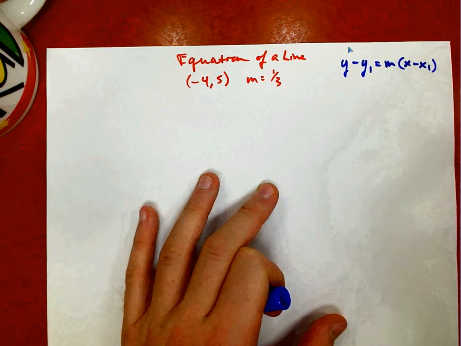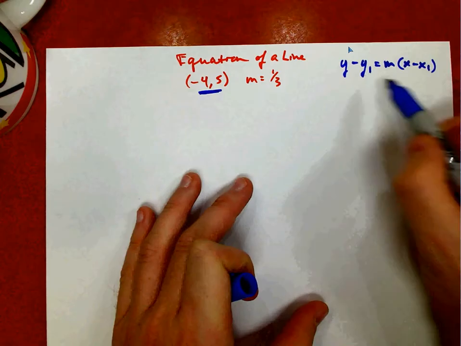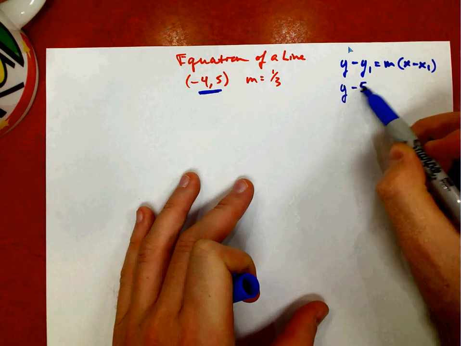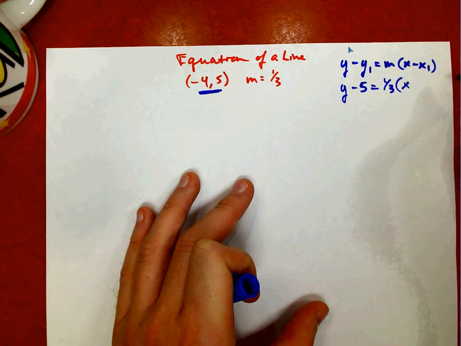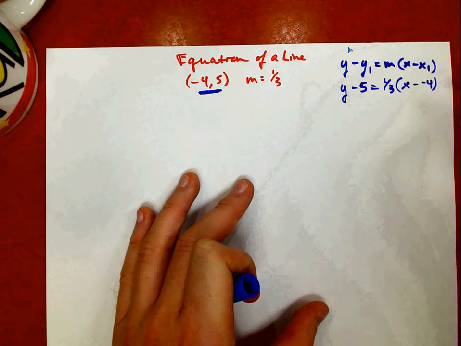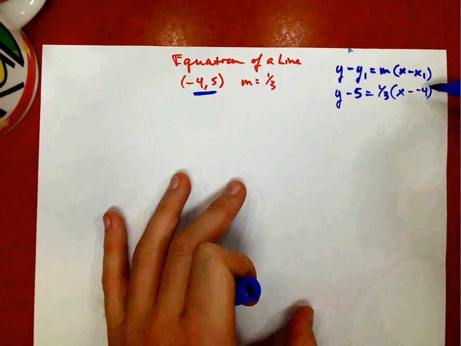So I'm going to use my y and x value from the point, my y1 and x1. I'll rewrite this as y minus 5 is equal to 1/3 times x minus a -4. And right away I'm going to change my subtracting a negative into adding a positive.